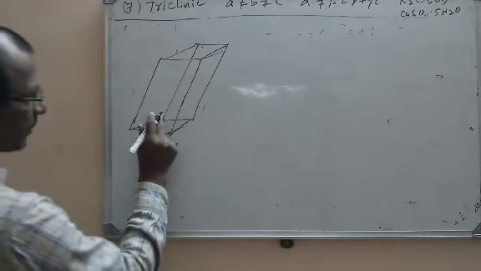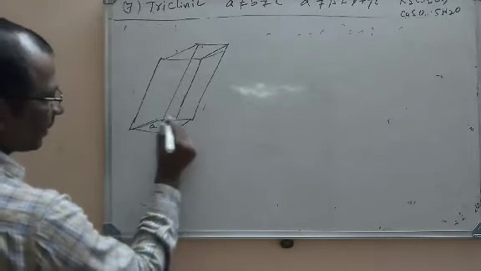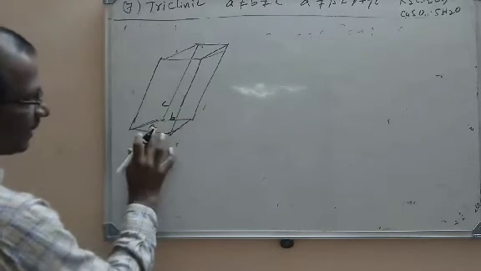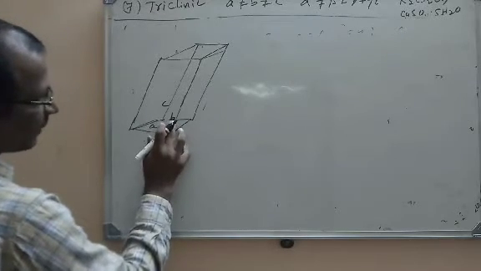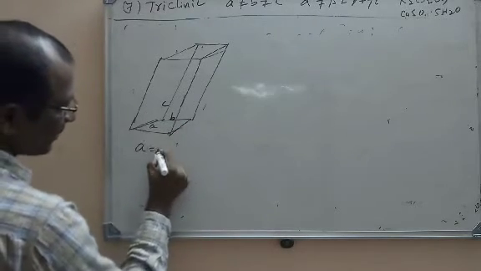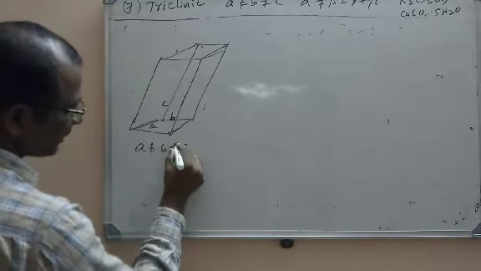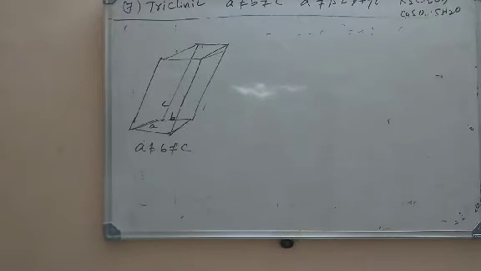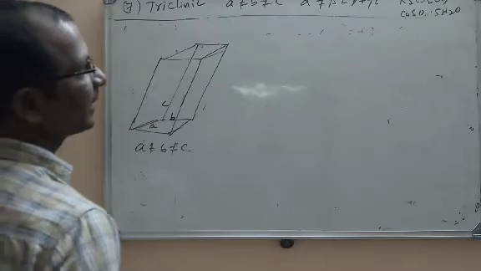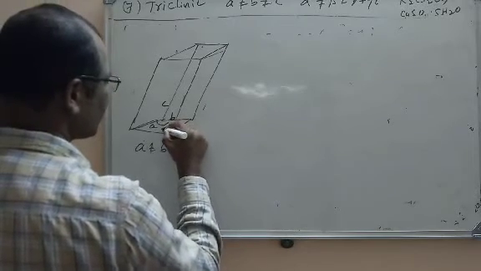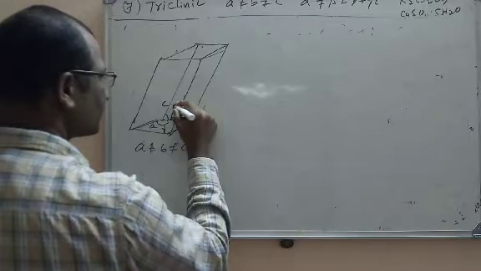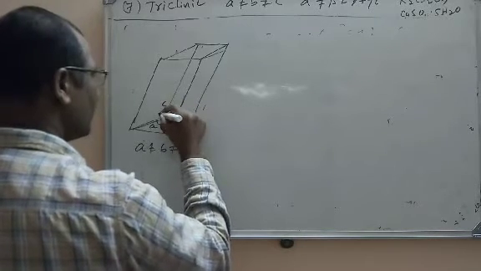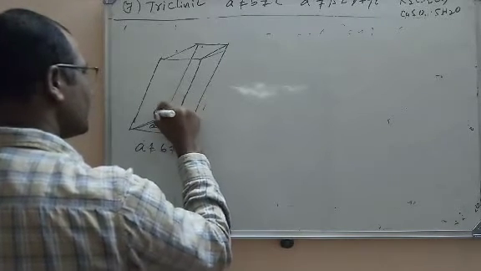Triclinic system. So this is a and this is b and this is c. See here, a and b and c. So a is different from b is different from c. Also observe the angles. Nothing is 90 degrees here. So this is gamma, this is alpha, and this is beta.